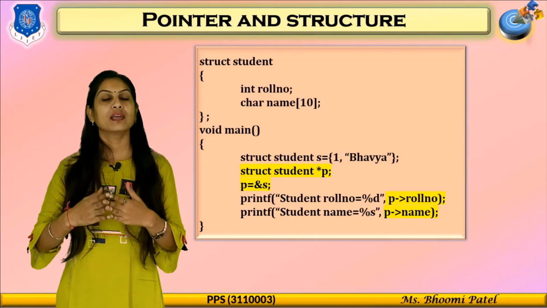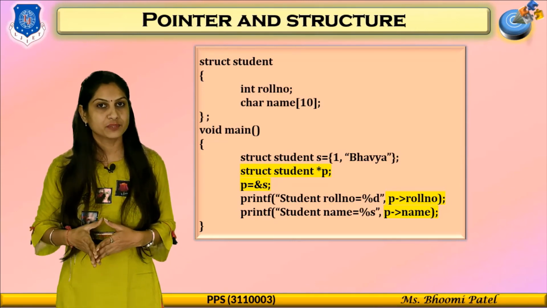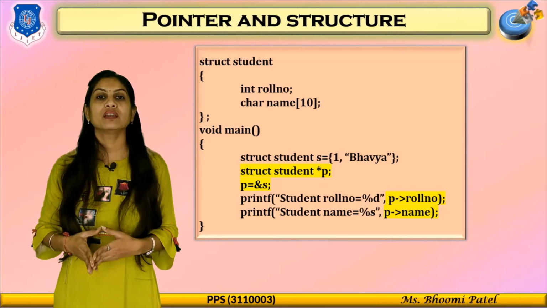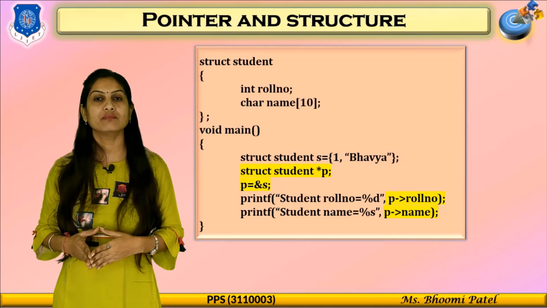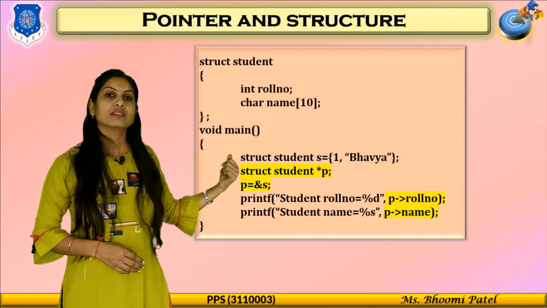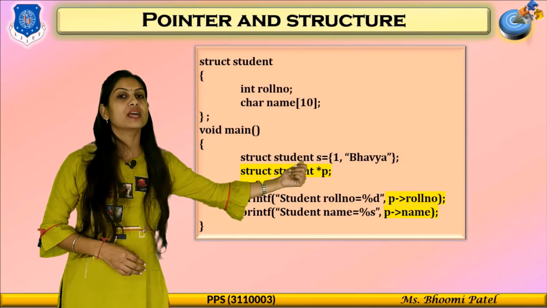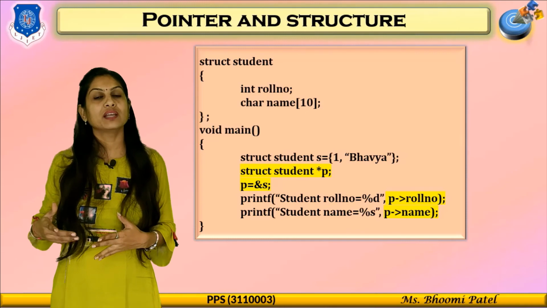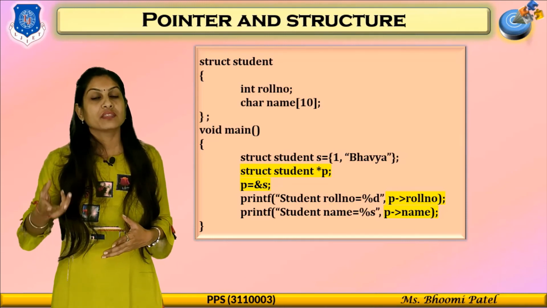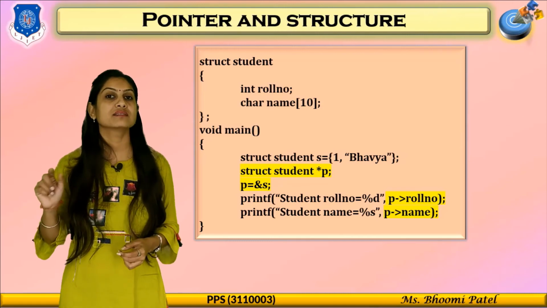So my p has the address of variable s of type structure, and we want to print the data of this structure student. How can we write it? We use printf, student roll number equals p arrow roll number. If you remember, when you use the structure concept with a pointer, you have to use the arrow sign.